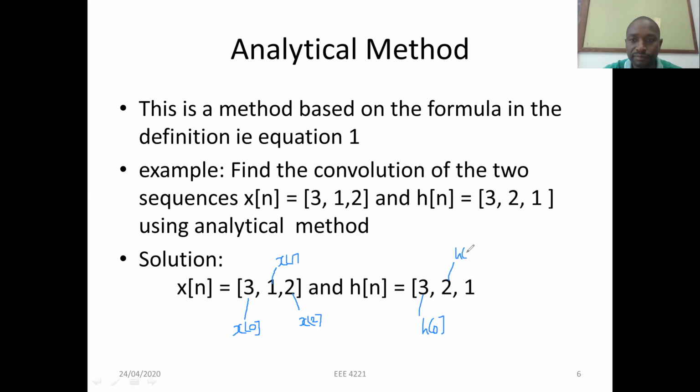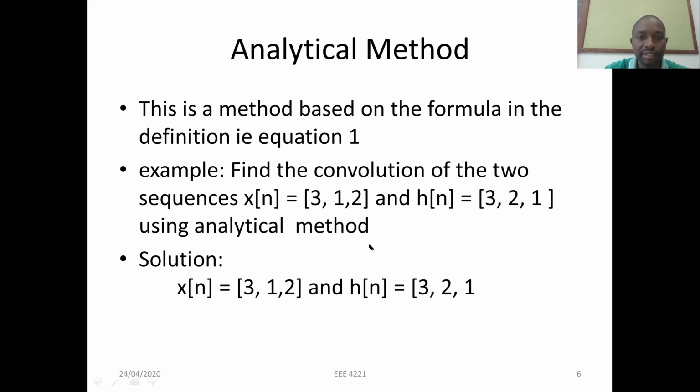So at any instance, the maximum position you get for x of n will be the 2 at position x of 2, and the maximum for the second signal h of n will be the 1 at position h of 2. These positions are very important because as we do the convolution using the analytical method, knowing these positions will help in determining the final solution.